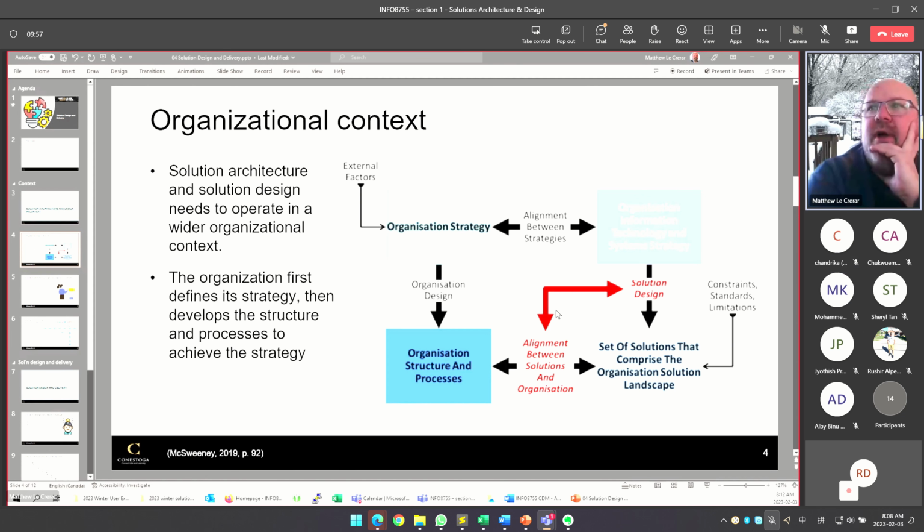So in the greater context of a business, you will have factors that demand attention from the business, commonly referred to as external factors. That will result in an organization developing a strategy on how to deal with those external factors.